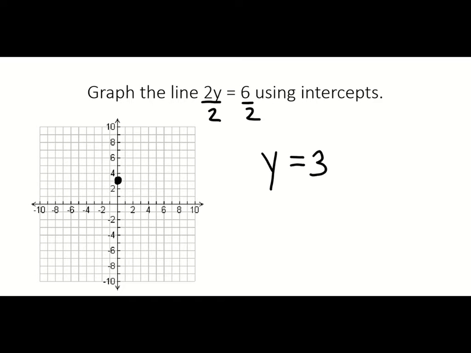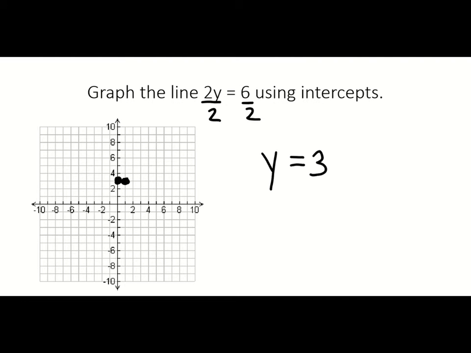Now I need to go some direction from that point to figure out when y is still 3. So if I go up to 4, y has just changed values to 4. However, if I go to the right of this point and plot another point, my y value would still be 3. My x value changed, but y did not.